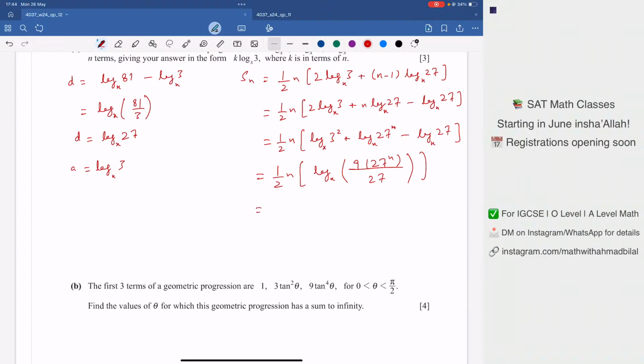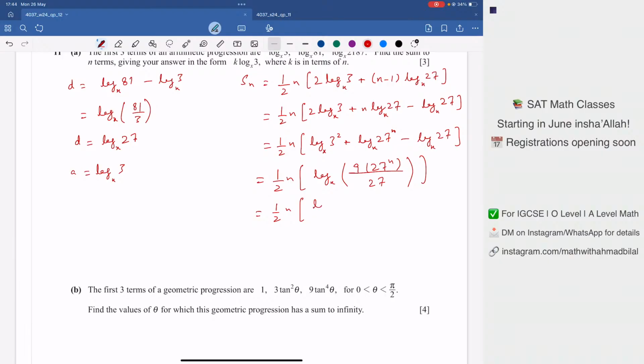Now we simplify this, we have half n into log of, all of this could be converted to powers of 3, right? This could be 3 power 2 into 3 power 3n divided by 3 power 3.